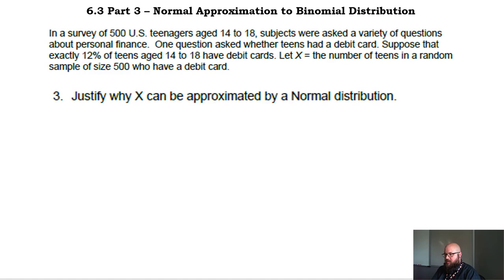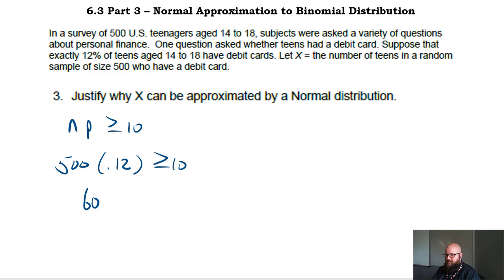So again, we're going to say np is greater than or equal to 10. Well, our sample size was 500. Our probability was 0.12. I want to say that's greater than or equal to 10. Well, this should come out to give you 60, which is greater than or equal to 10.